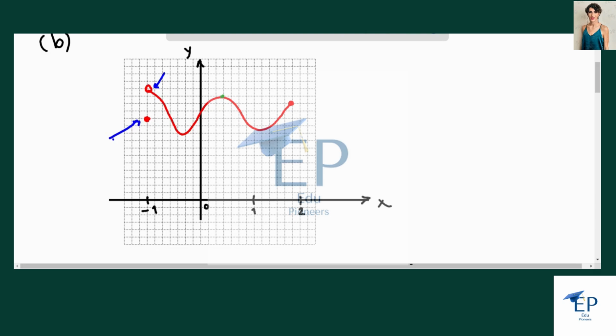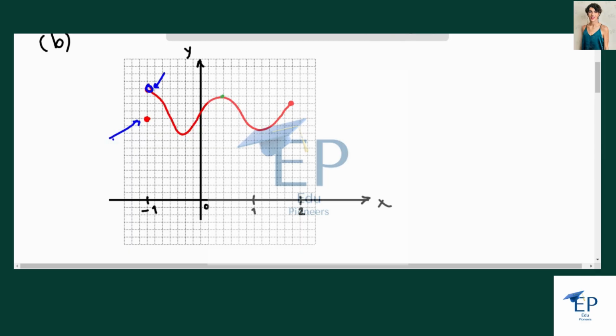Because when we don't include this point, the function can always have a greater value, getting very close to -1 from the right, but it never reaches that highest point. And that forces us to create a jump discontinuity like this.